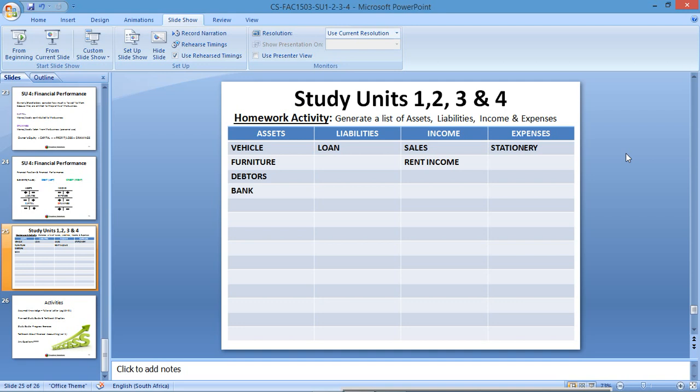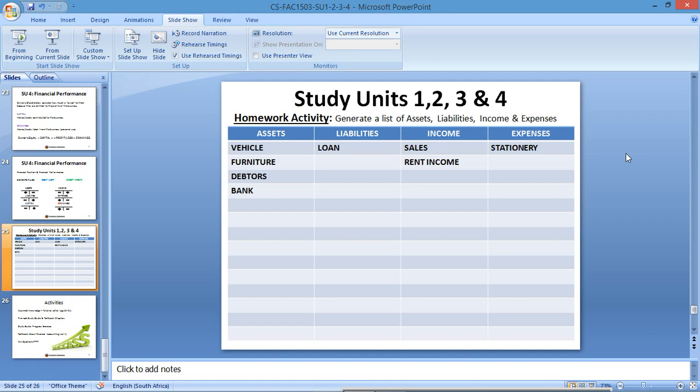If I use stationery, do I get any future benefits? No. Can I still use the stationery in the future? The ink runs out, the paper gets used. If I write on a piece of paper, can I use that same piece of paper in the future? No, once it's used, it's used.